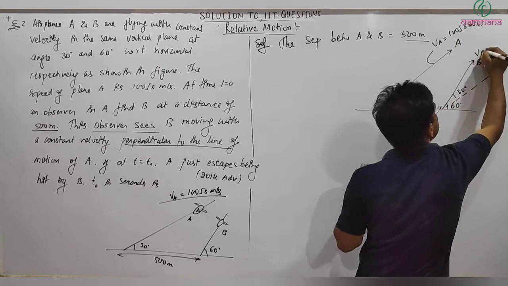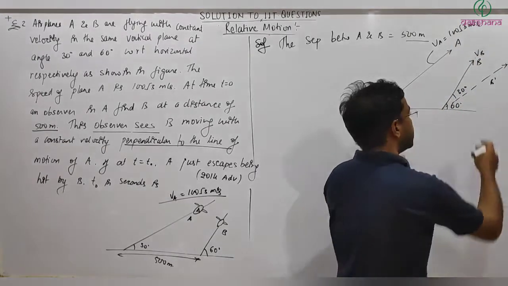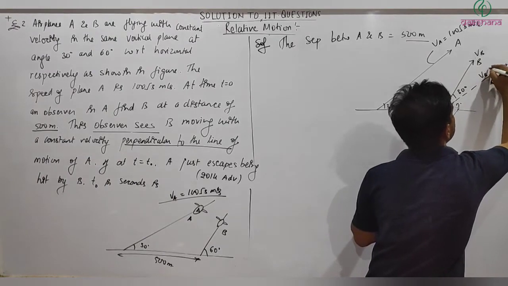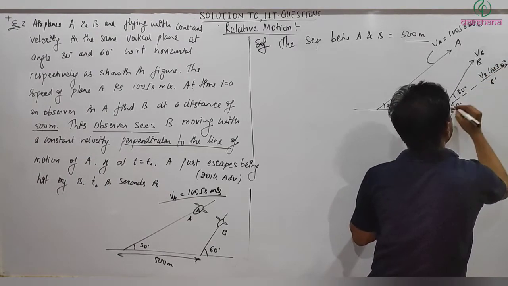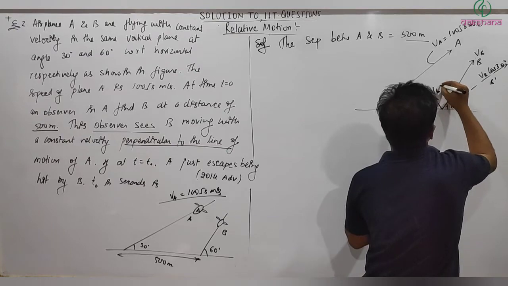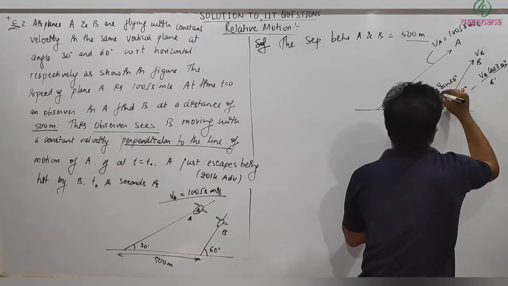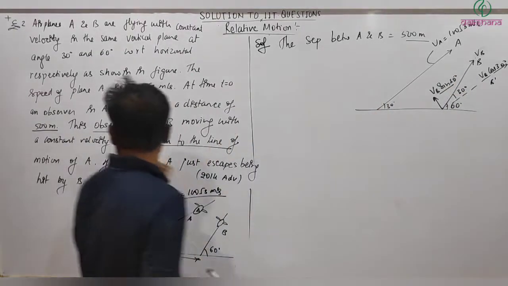Let me write the velocity of B as VB. Then the component along this will be VB cos 30 degree, and along this VB sin 30 degree. Now look at it.